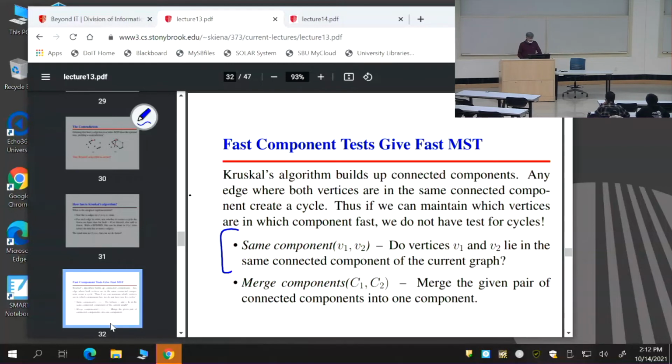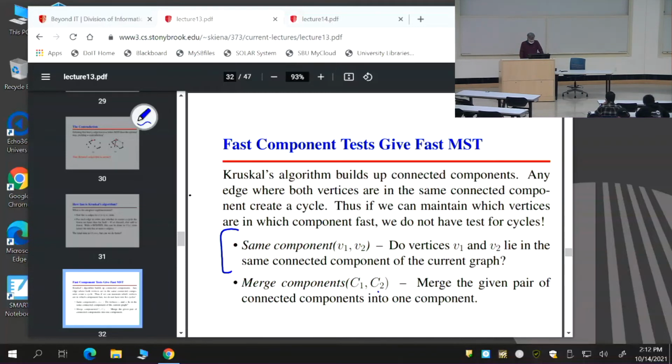So I'm going to give you a vertex v1 in component c1 and a vertex v2 in c2. Merge those components together. If I could have a data structure that could do both of those operations quickly, then I would be golden. Does everybody see that?